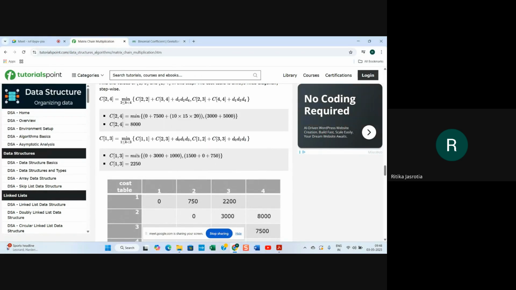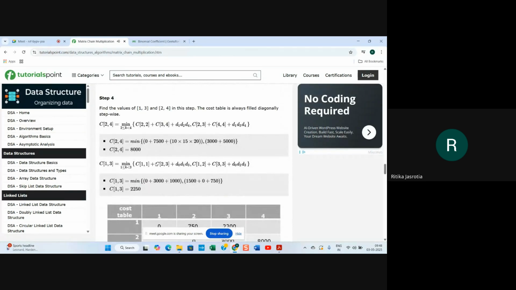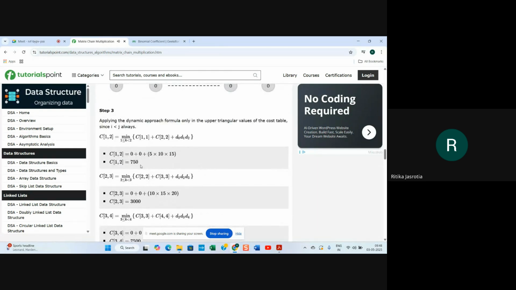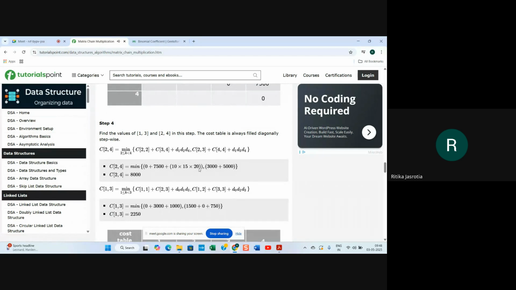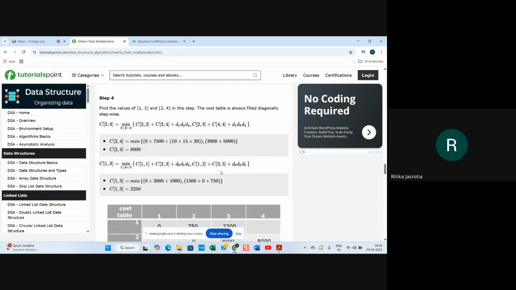So which one will be giving you the minimum? Here C23 we have found out as 3000, and D0, D1, D3 will give you 1000. Then C12 we have found out as 750, C33 as 0, and D0, D2, D3 as 1500.